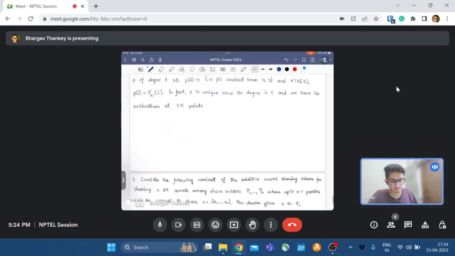Now remember that in the secret sharing scheme, it's supposed to evaluate this polynomial and then share the evaluations with the parties, right?